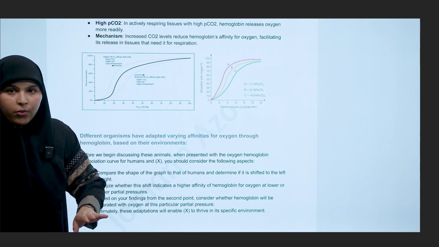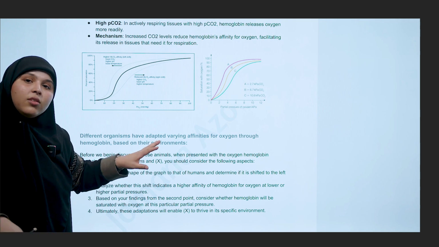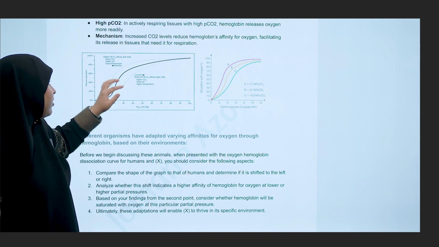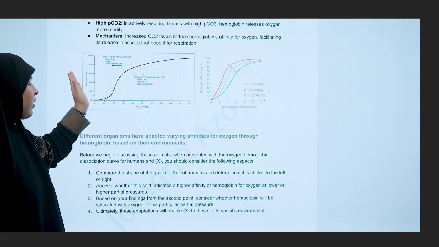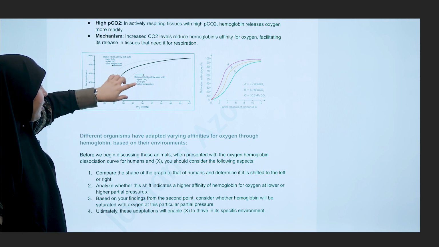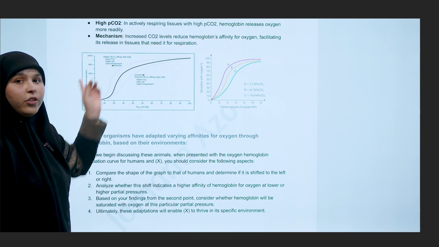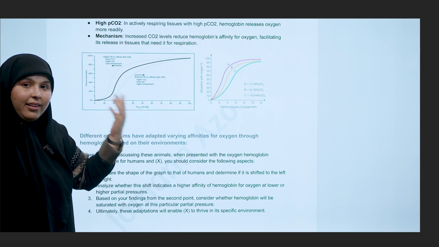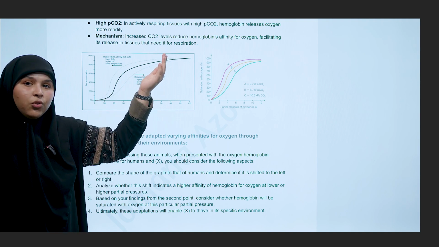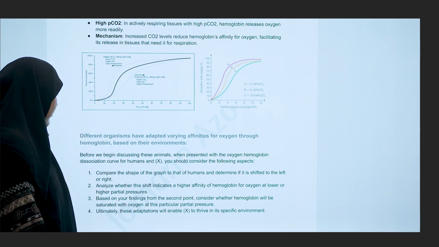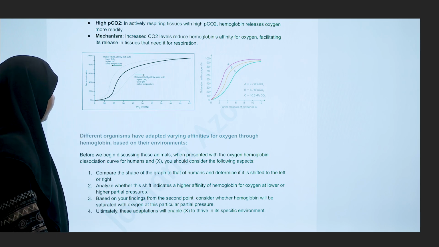There are other reasons, but the one that you need for your discussion is the effect of carbon dioxide. And then having higher temperature, vice versa, shifts it to the left. And by the way, if you're having high concentration of oxygen, the graph will be shifted to the right, as in cases of living in high altitude or a medical condition called polycythemia. We'll get into this, inshallah, later on.